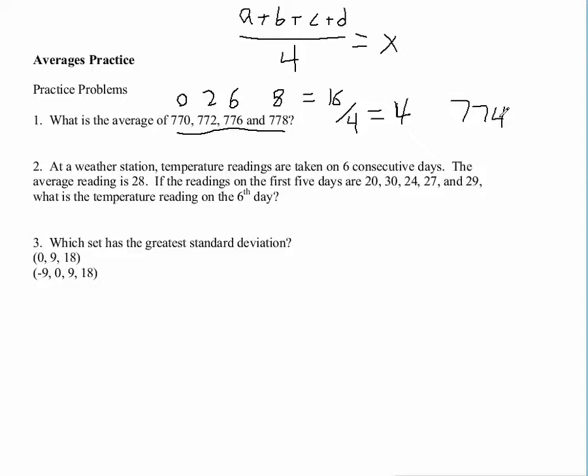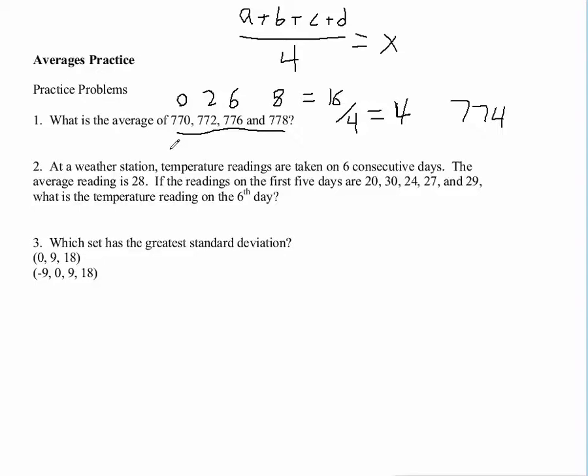It's going to be much quicker to think about some point that we choose, 770 in this case, and think about the deviation from that, rather than to add up all the numbers and then divide by 4 as the normal definition of an average.